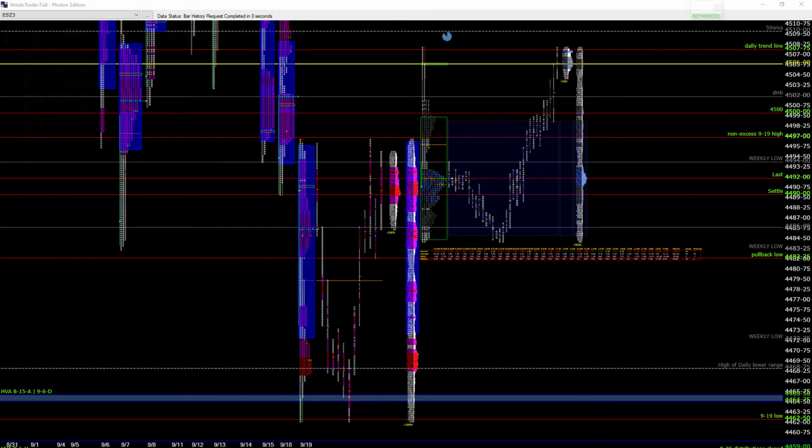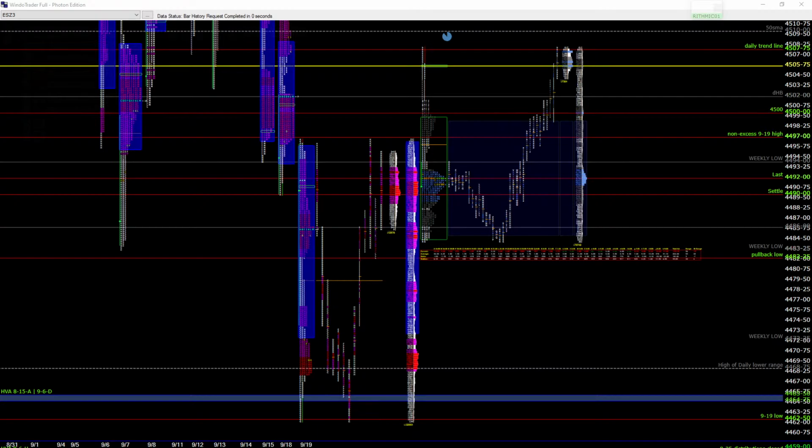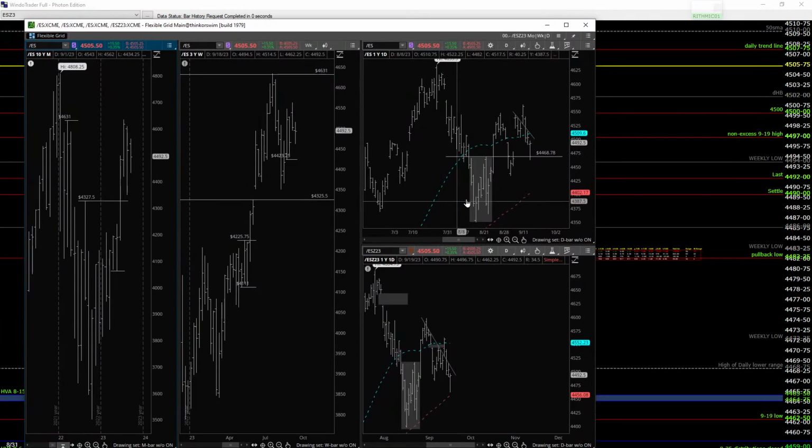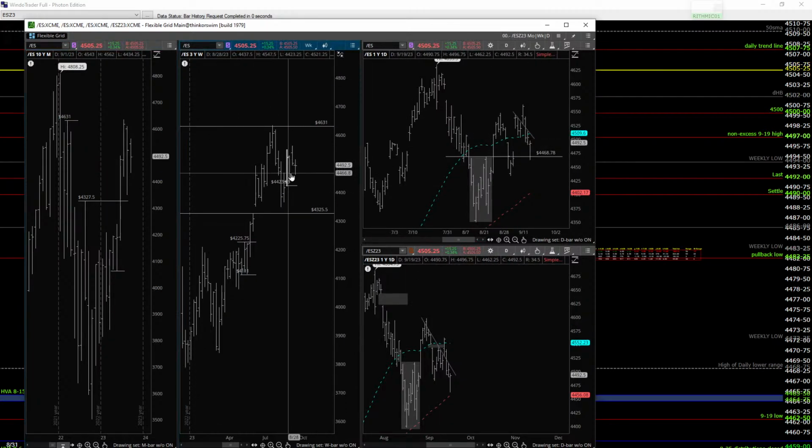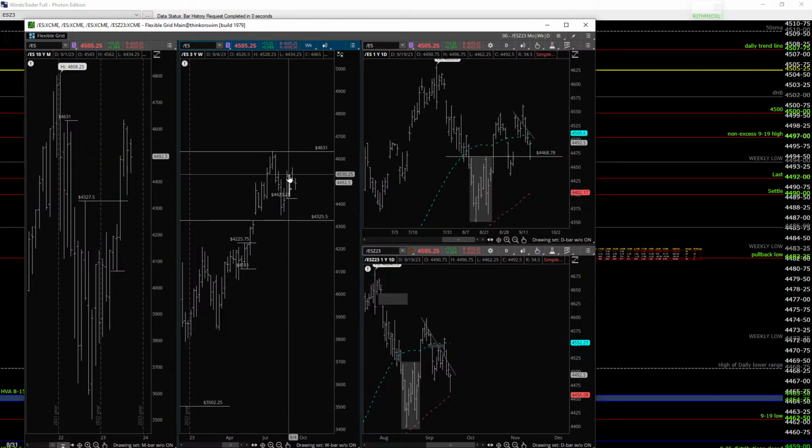It changed the weekly time frame, which was the only one going to the upside, while the daily and the monthly were trending lower. Now the weekly has changed.